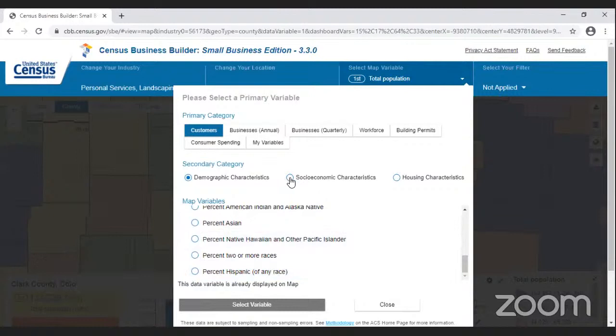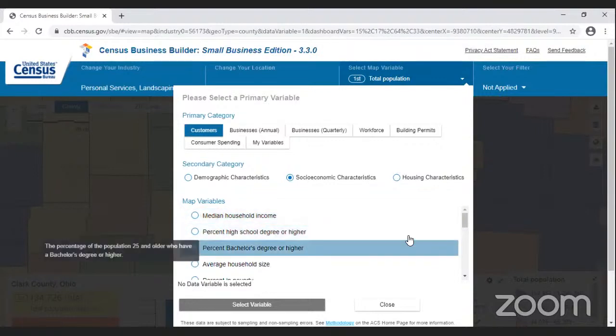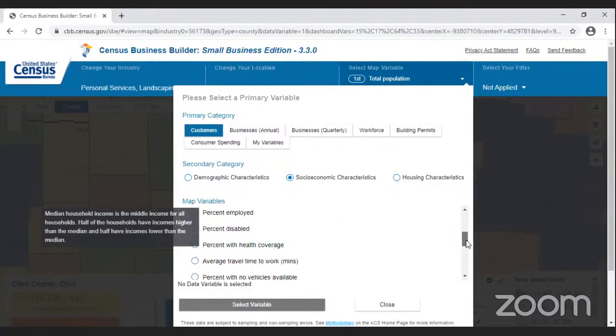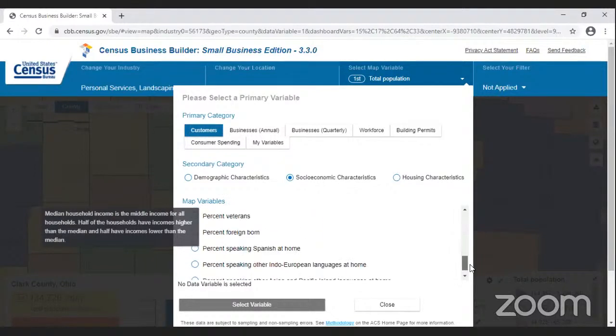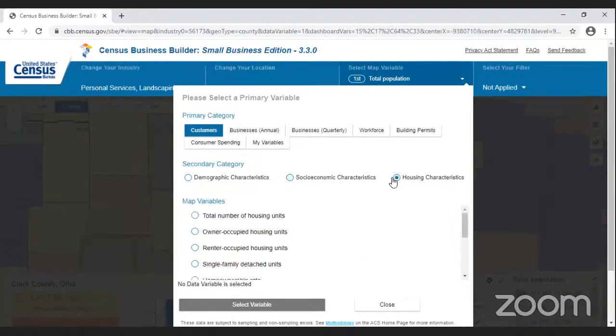Then we have any number of socioeconomic characteristics from ACS: incomes, high school graduate, bachelor's degree, household size, poverty, labor force, disability, health insurance, vehicles, how long it takes people to get to work. And we also have a bunch of housing characteristics as well.